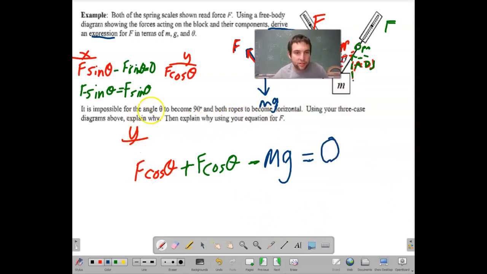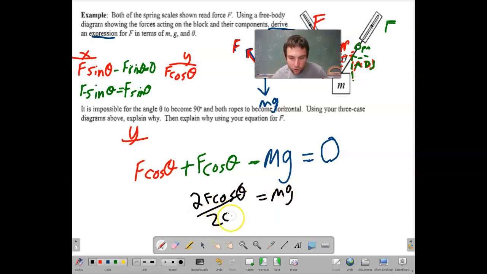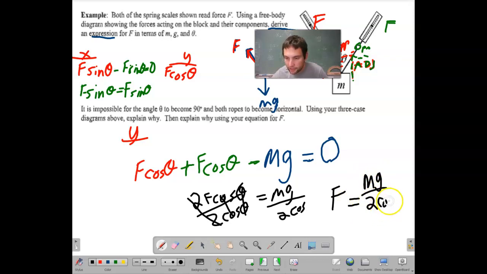Outstanding. But we're trying to solve for F. So now we get to do algebra, and we'll solve for F. F cosine theta plus F cosine theta is 2 times F cosine theta. I'm going to add mg to the other side, so it equals mg. And we divide by 2 cosine theta, and that goes away, that goes away. F equals mg over 2 cosine theta.